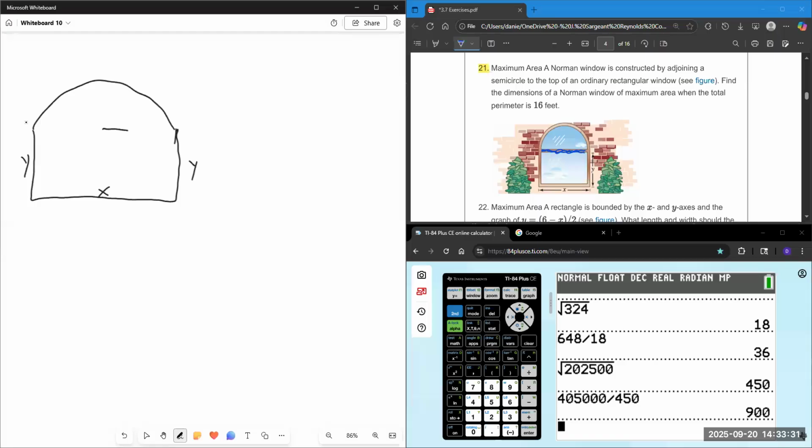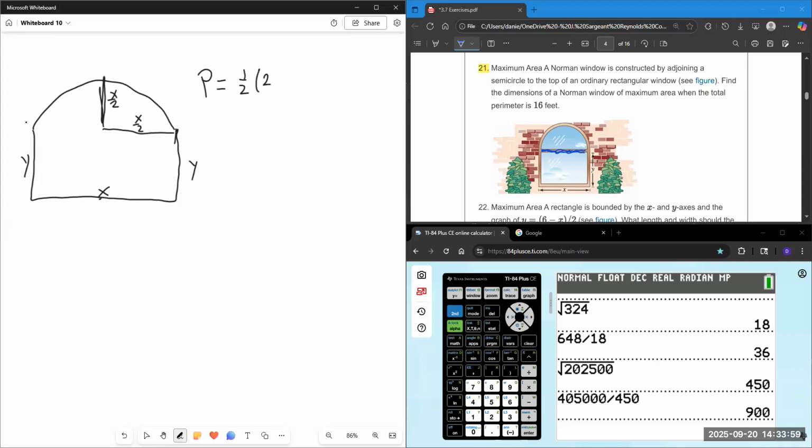We need to consider that the radius of this semicircular piece is X over 2. It's half of the distance here. And so we would have the perimeter, we want to call it that, of this is half of the perimeter of the circle, whose radius is X over 2.